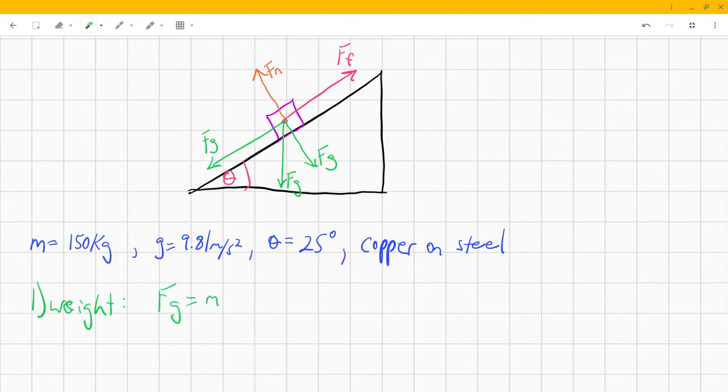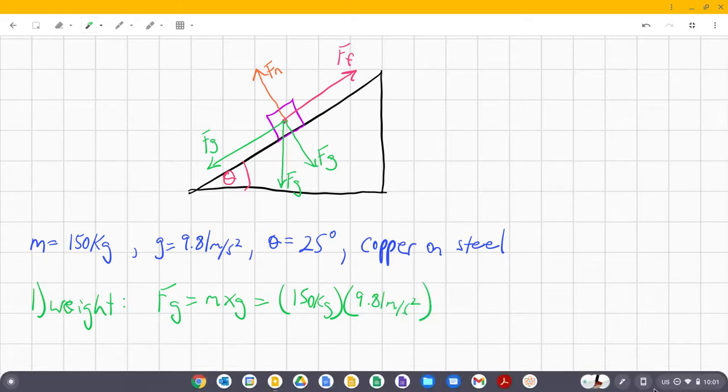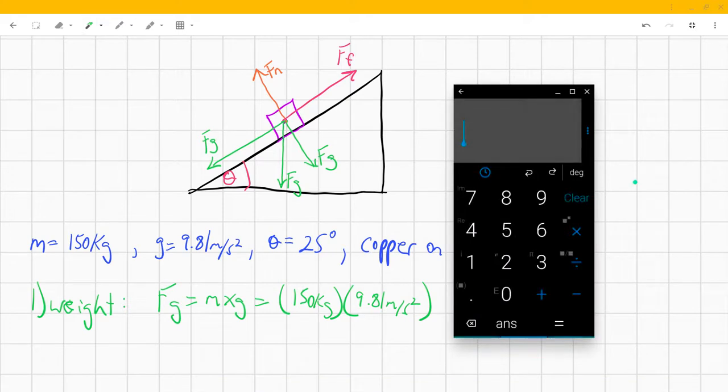Weight is mass times gravity. All right, let's plug in. So what do we have? 150 kilograms multiplied by 9.81 meters per second squared. All right. Calculator time. 150 times 9.81. 1471.5. Let's round it to a whole number.